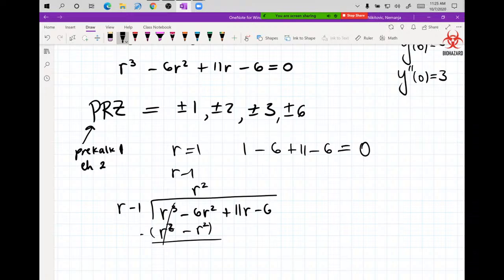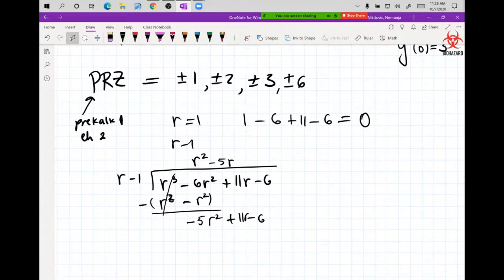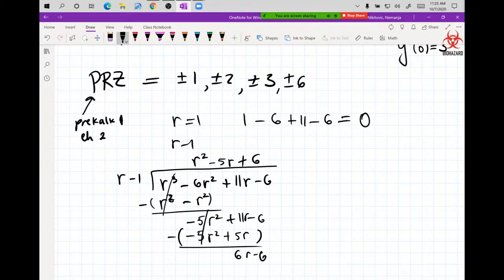I get minus, and the minus will give me a plus, so that's going to be a negative 5r squared plus 11r minus 6. And that's going to go negative 5r times. So that's going to be negative 5r squared plus 5r. Good. When I subtract now, that's gone. This is a 6r minus 6. Nice. So plus 6. There we go. So this is the leftover polynomial.